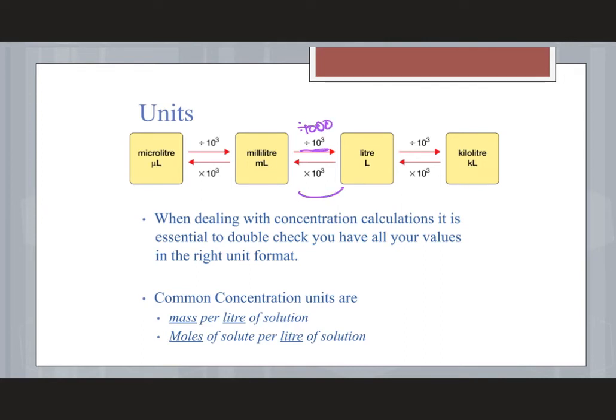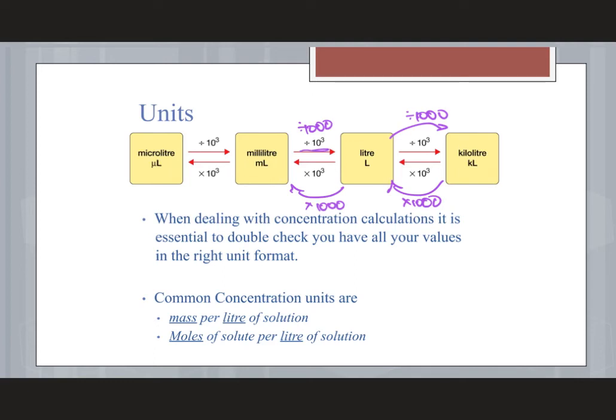If we want to go from liters to milliliters, we're going to multiply by 1,000. Of course, liters to kiloliters is going to be exactly the same. These are metric conversions, so we will divide by 1,000 going that way, or multiply by 1,000 coming back.